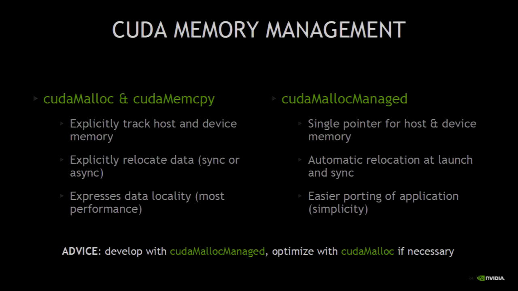With cudaMallocManaged, on current architectures, it has to be synchronous, so data is only copied at kernel launch, or whenever you access it from the CPU after the kernel completes. So obviously the first path usually achieves better performance, but the second path is simpler.